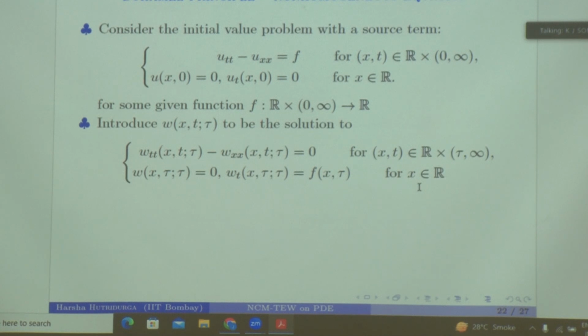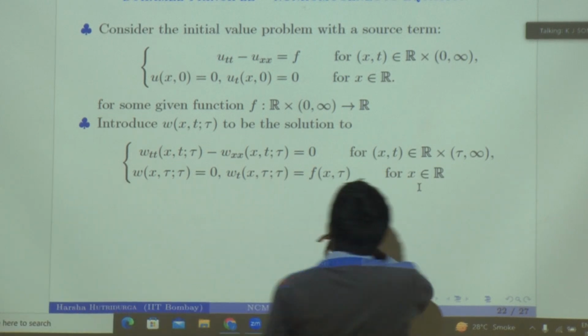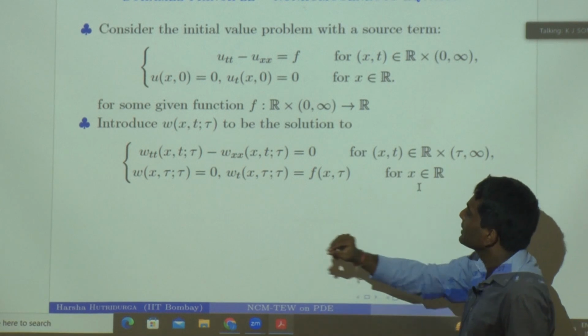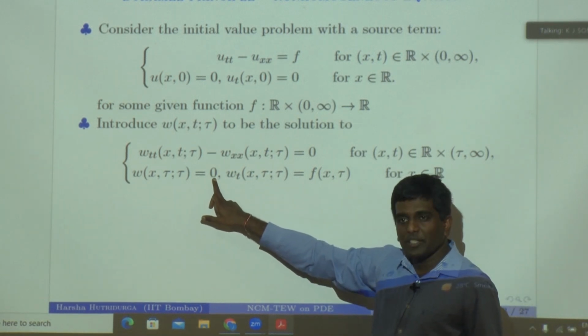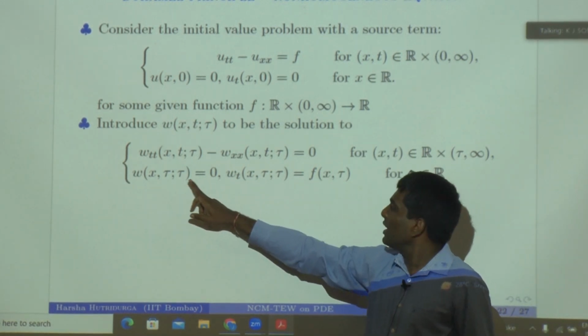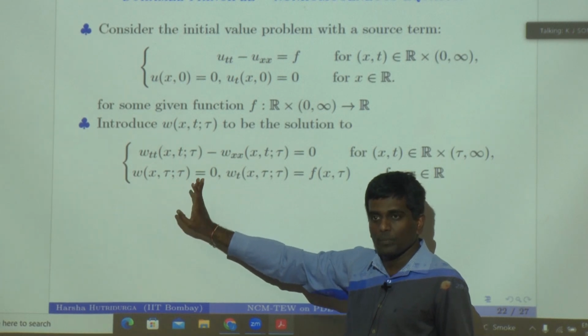Now, for an initial value problem for the wave equation, you need to impose two conditions, right? The initial condition at that time and also the derivative at that time. Now, the trick involved in Duhamel's principle for the wave equation is, for the displacement you give 0 only, when t is equal to tau.